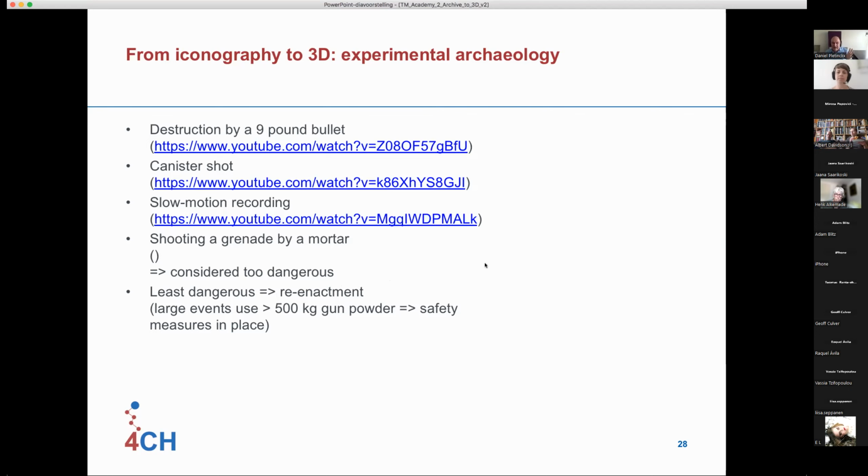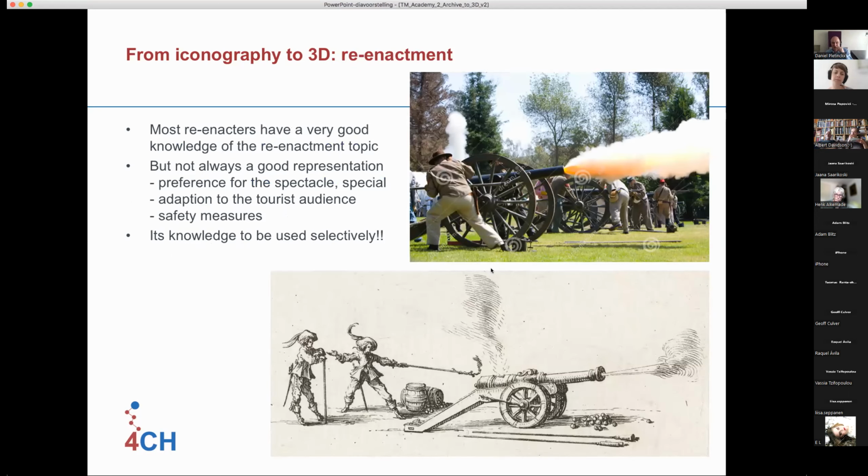So, but anyway, experimental archaeology, trying this out and getting data from it is quite useful, and that brings us also to this reenactment. Like I was saying, they do this really in the field on kind of events and so on. And have a look at this, a depiction of the 17th century.